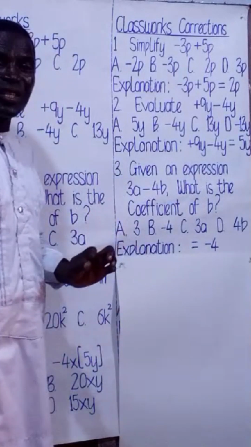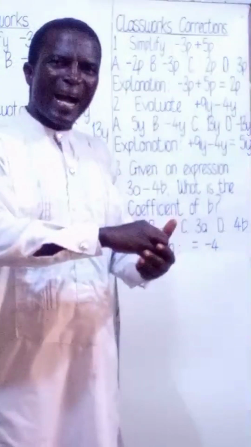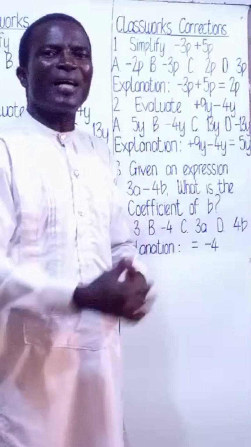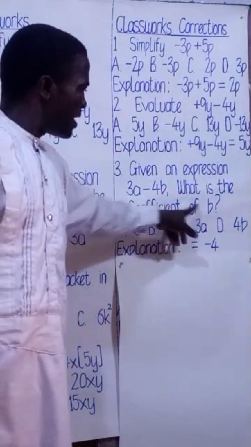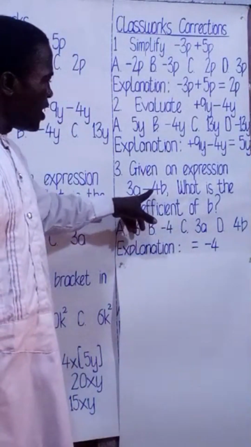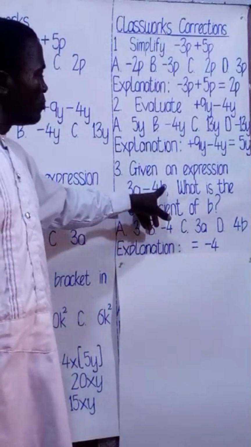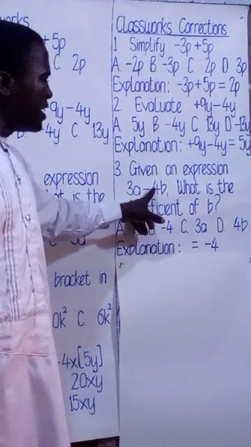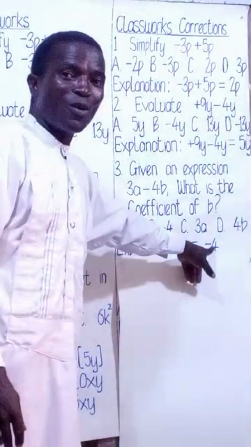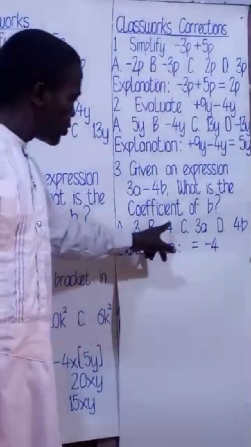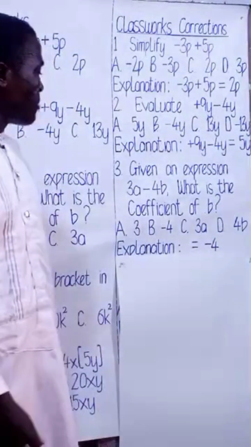Now, when we say coefficient, as you were told, coefficient refers to the number and sign that occupy the front part of a given letter. The given letter here is b. So the number and the sign that occupy the front of letter b is minus 4. So which of the options is the most appropriate? You can see option B is the most appropriate.